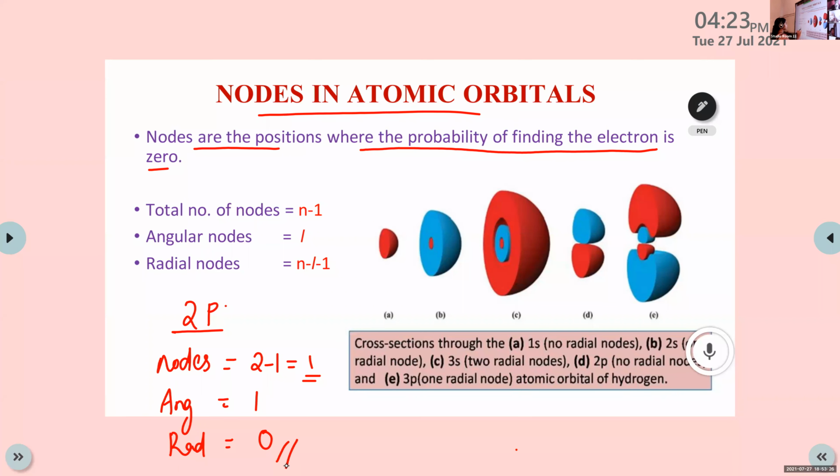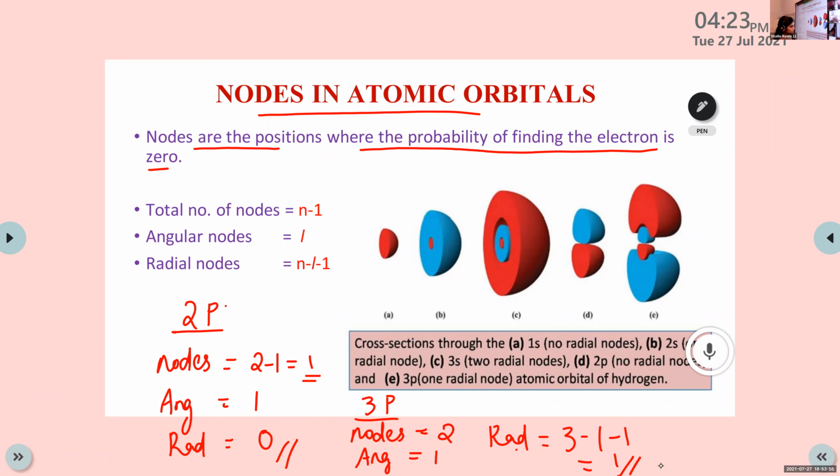Okay, then what about 3p? The nodes equal 3 minus 1, so it is 2. Then angular nodes, here it is 1. Then the radial nodes, n minus L minus 1, so 3 minus 1 minus 1.